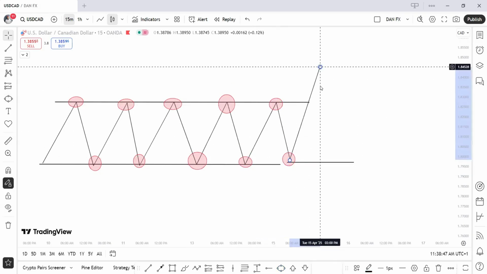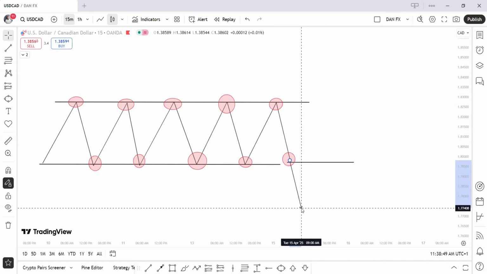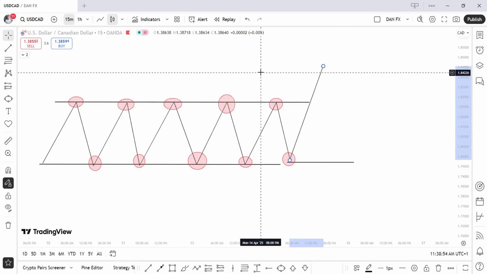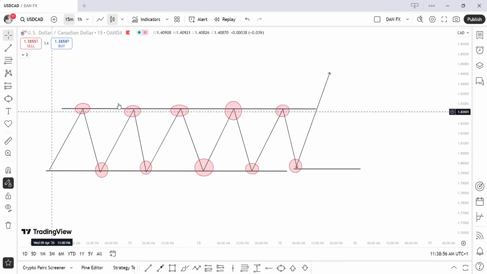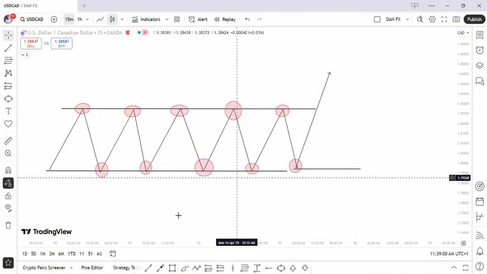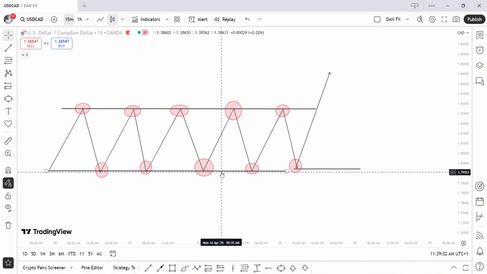So if price had broken this place first of all, then price is going to change to a downtrend. But because price broke above this structure, price changes to an uptrend. So if price breaks the upper level, it changes to an uptrend. If price breaks below the lower level, price changes to a downtrend.